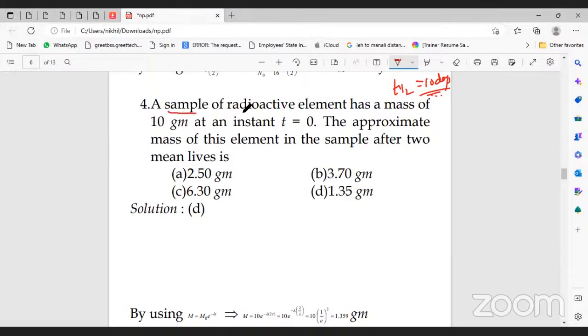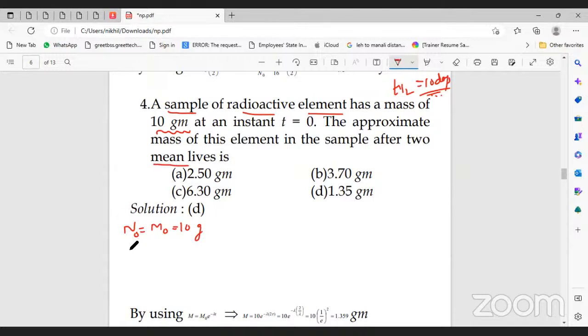There is a sample of radioactive element that has a mass of 10 gram initially. So what is the initial mass? I can take N0 or M0, whatever it is, 10 gram. What is the approximate mass of this element in the sample after 2 mean lives?